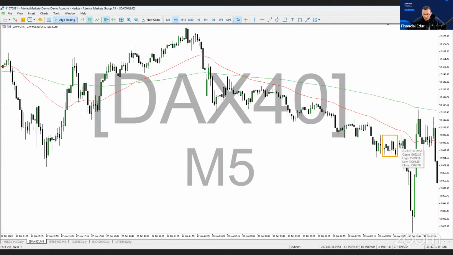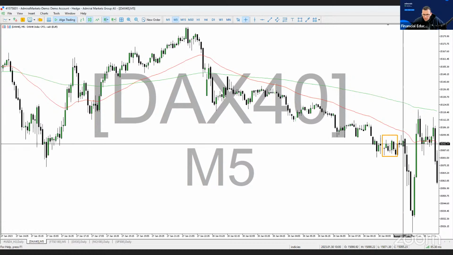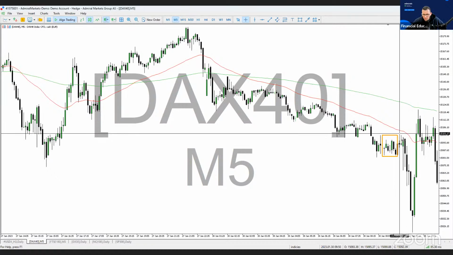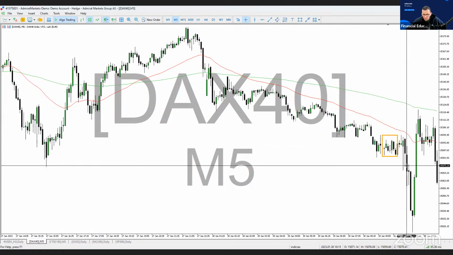Some people call it a gravestone, or pin bar rejection, whatever, and we initiated some trades. I got involved right at this spot here. My stop loss was just a little bit above, and for some scalping up to right here, I closed the position. It was in less than 5 minutes.